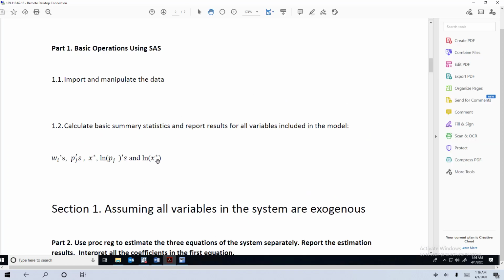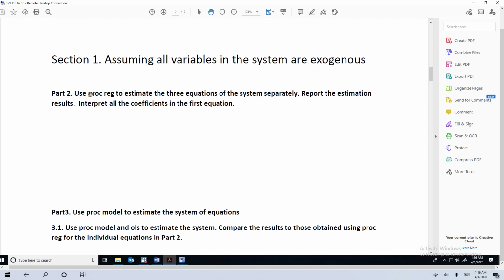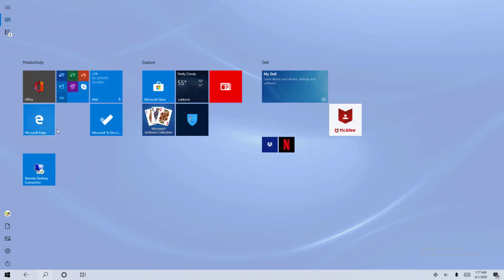Okay, so again, going back to the lab, if we believe that it's the model, basically, what I'm asking you here is use progreg to estimate the 3 equations separately and report the estimation result. So something that I would recommend that you do here is, and let me see if I better open it.